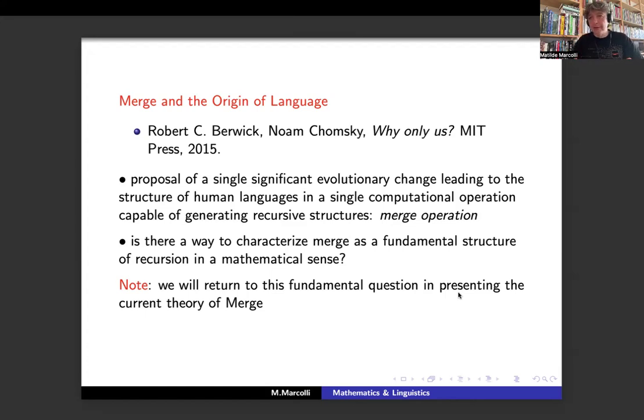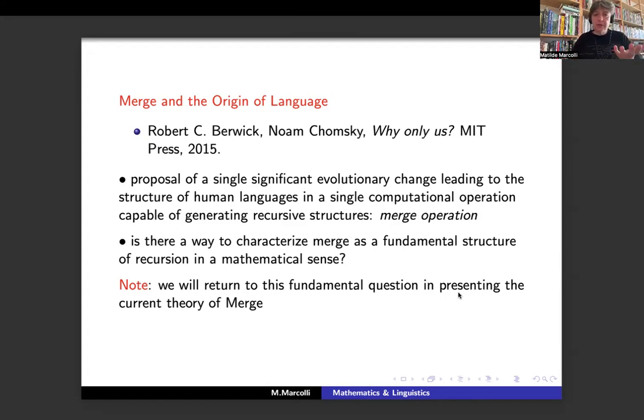That would be difficult to justify. But if the main computational mechanism behind the possibility of constructing the syntax of languages boils down to a very simple basic operation, then you just have to justify the emergence of that.